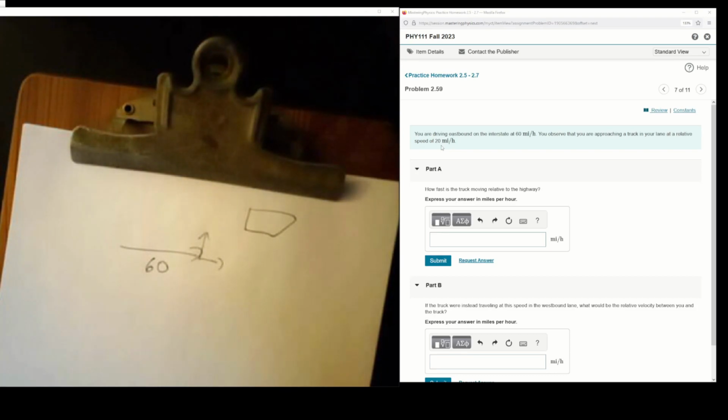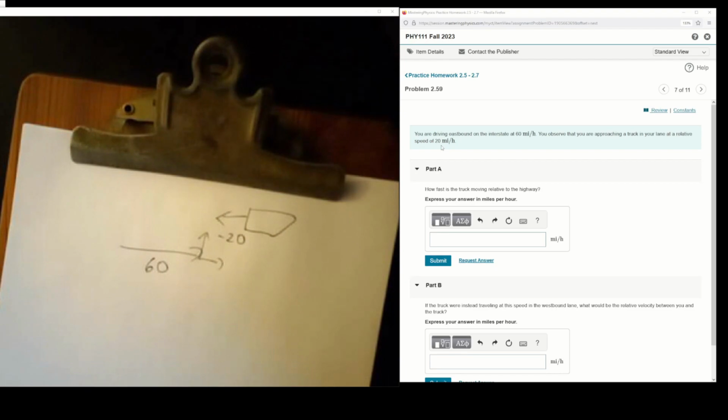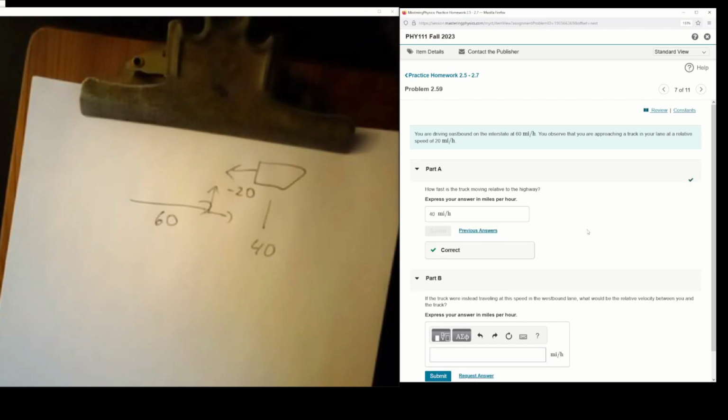If we're approaching the truck and we see a 20 mile per hour difference and it's approaching us, then the truck is minus 20 coming towards us in our coordinate system on the car. And if this is the case, then the truck must be traveling 40 miles per hour. And that is what they wanted.